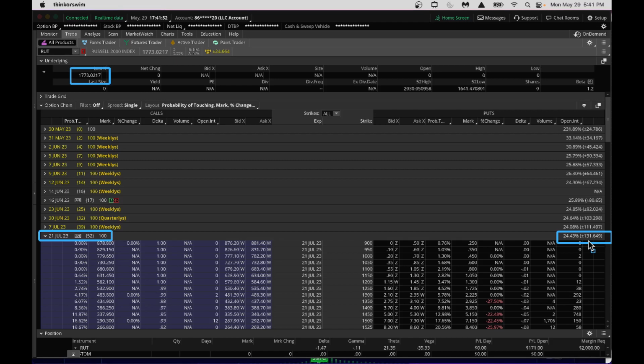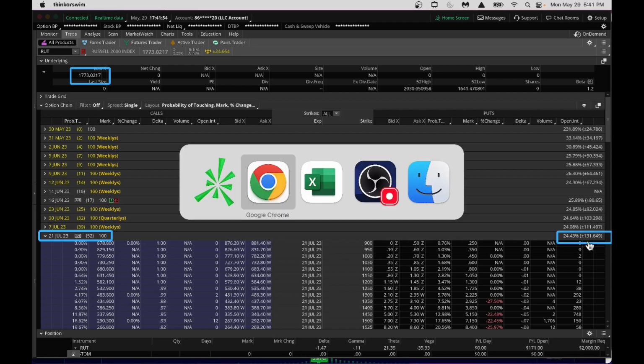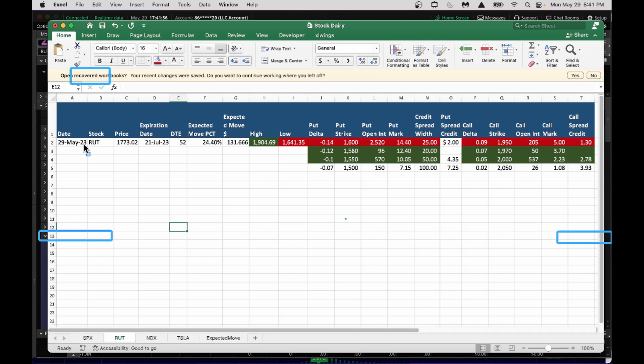I will take you to a quick spreadsheet here. If you look at my spreadsheet, I got Russell 2000 right here, 1773 the current price, and expiration date 21 July. Expected move dollar amount is 131. That puts your high strike at 1904 and your low strike at 1641.